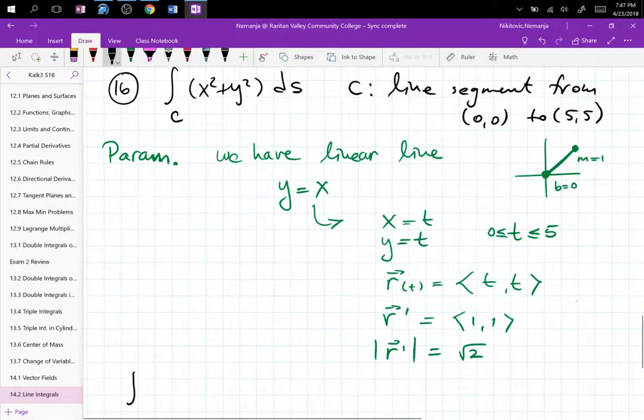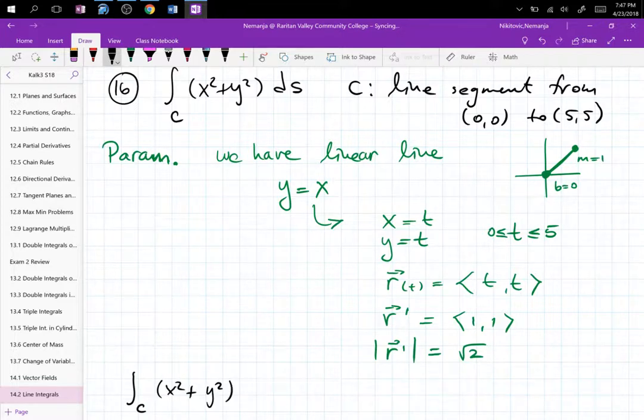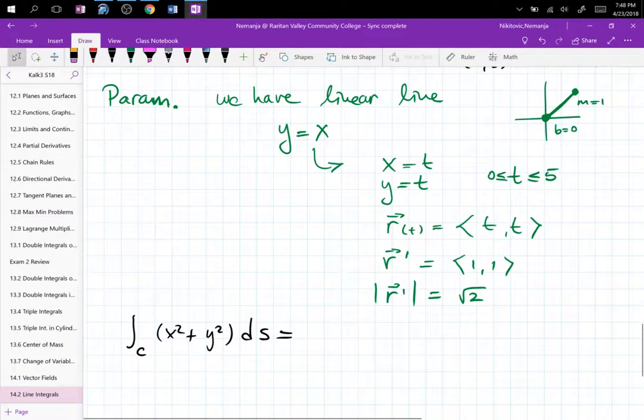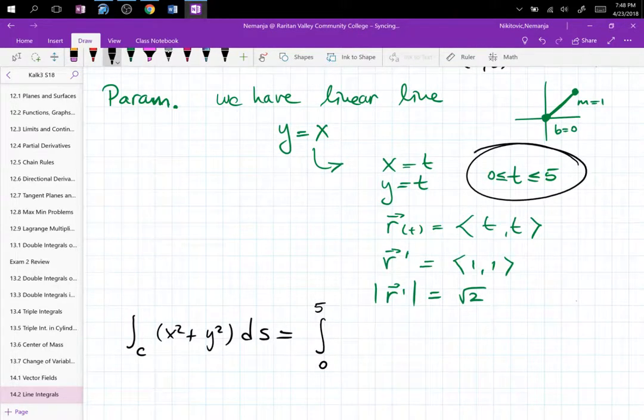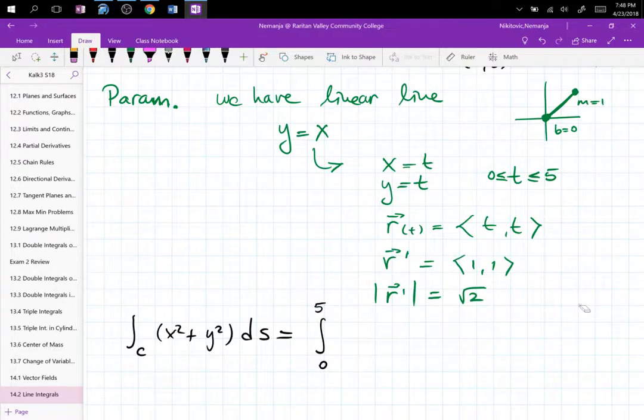The integral over curve C of x squared plus y squared ds is going to be the integral from 0 to 5. That comes from the parameterization piece. Now x squared is t squared, plus another t squared, times square root of 2 dt.